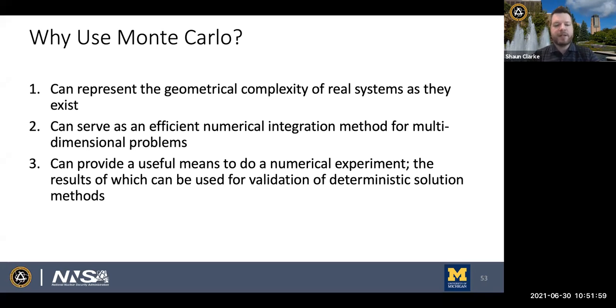If you want to reduce that uncertainty down to 1%, you would need to run the problem 100 times longer, because it's 1 over root n. So you can always say how much longer you need to run a problem, but you can't really say a priori how long it needs to run to get statistics of a certain level.